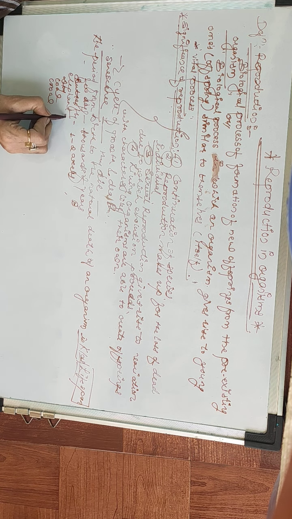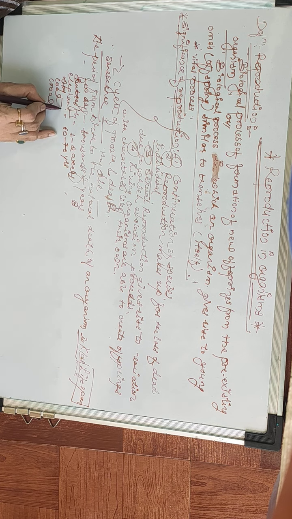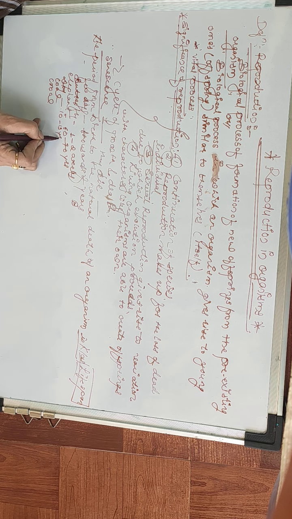Elephant has a lifespan of 60 to 70 years. Dog has a lifespan of about 10 to 13 years. Cow is 18 to 22 years, whereas the crow has a lifespan of about 15 years.